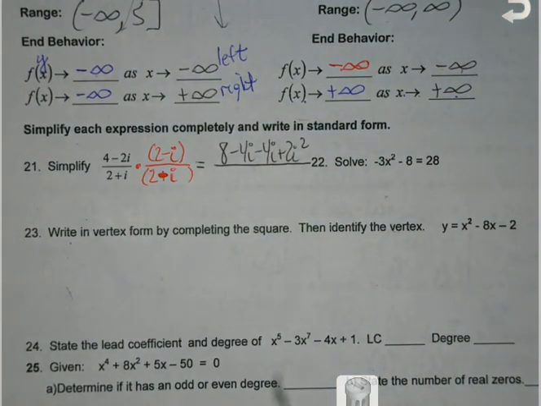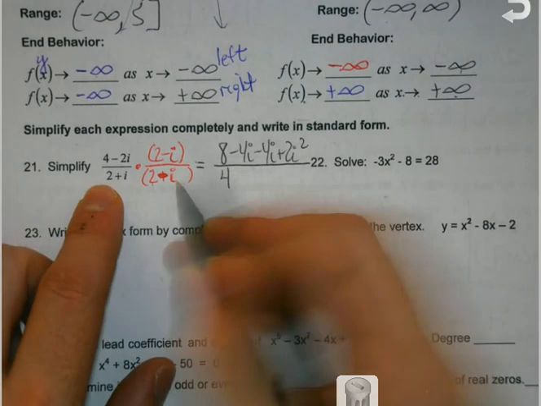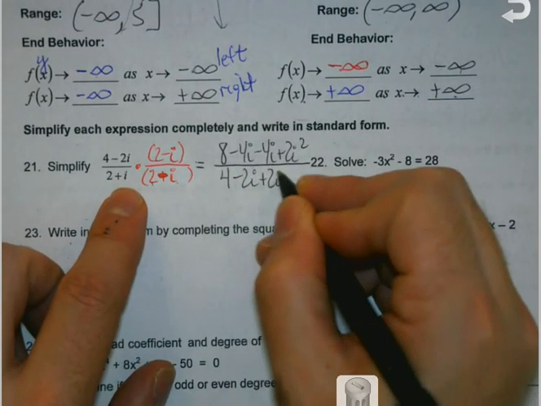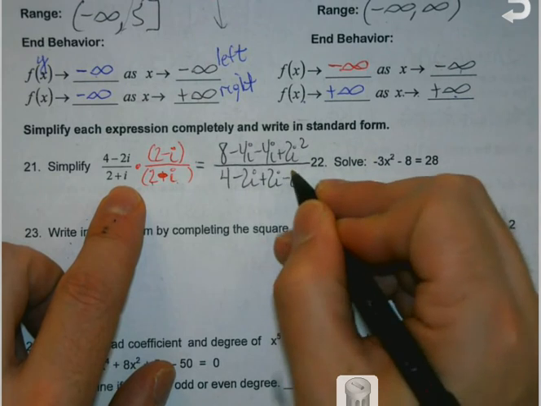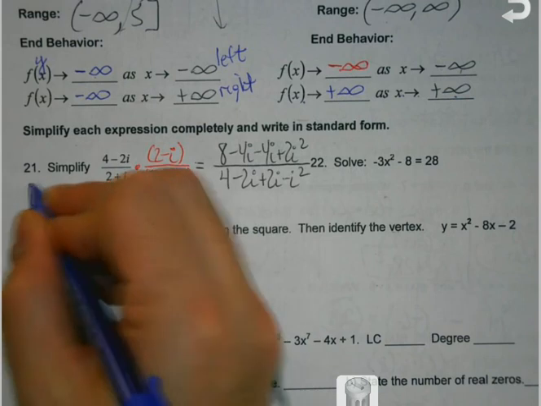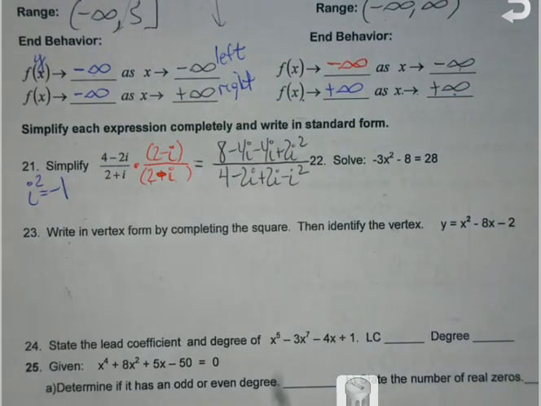And when I do the denominator, I have first, outer, inner, and last. There's one thing I have to know to make sure this works out: to simplify it, I have to remember that i squared is really negative 1.